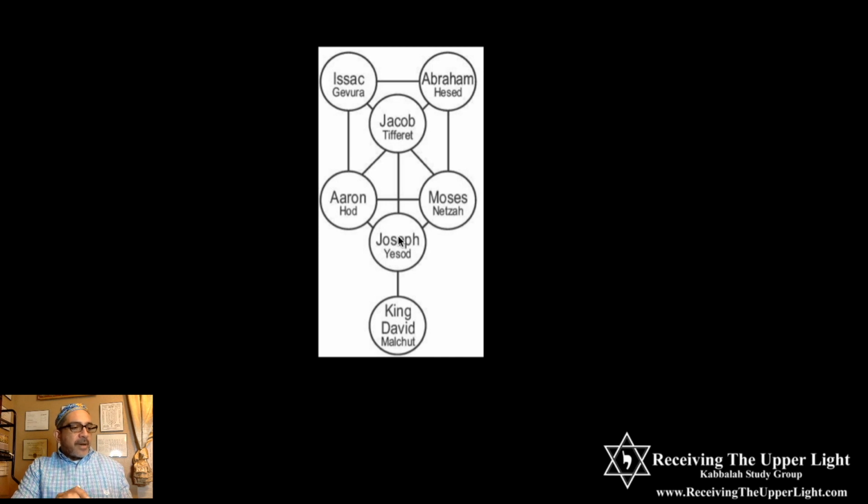When the light of Hayah, remember we have Nefesh, Ruach, and Neshamah, then we have Hayah, which is above Neshamah. When the light of Hayah enters Malchut, Malchut then becomes an independent parzuf.